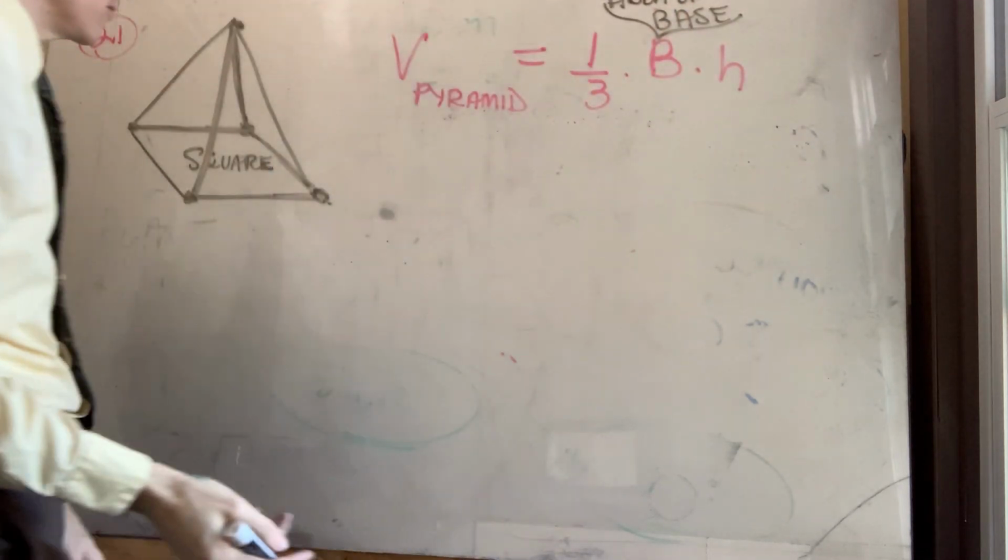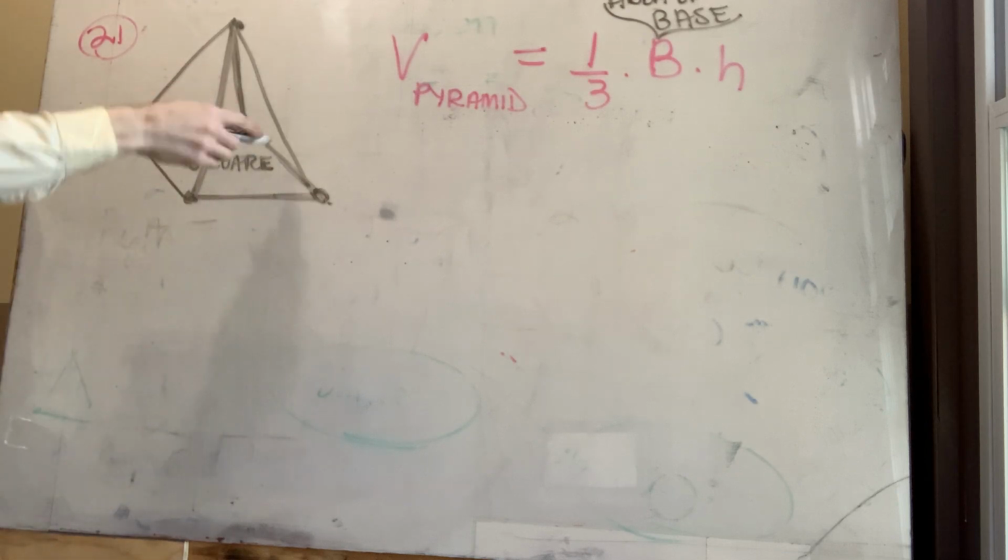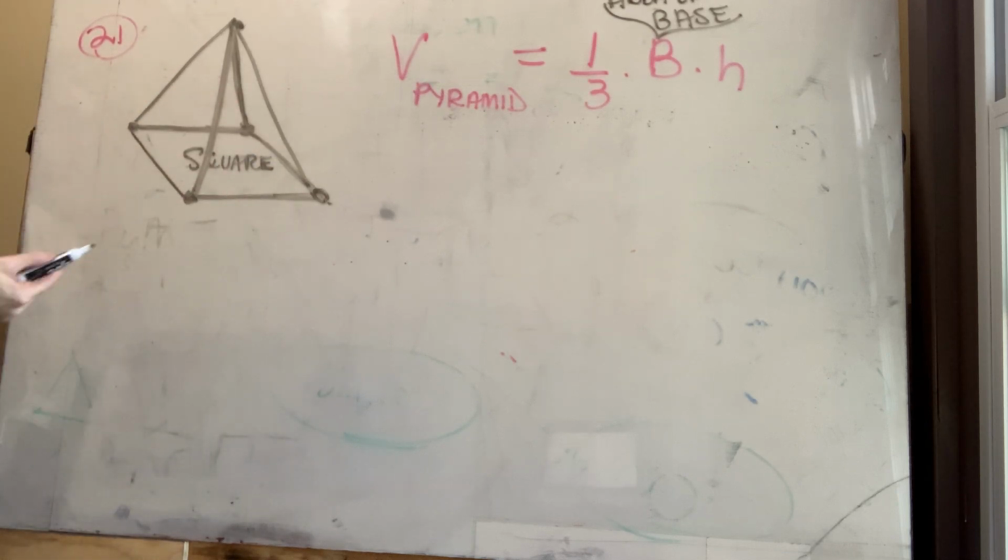There are other types of pyramids, right? You could have a triangular base. You can have a hexagonal base, and it gets more and more like a cone the more sides you have.